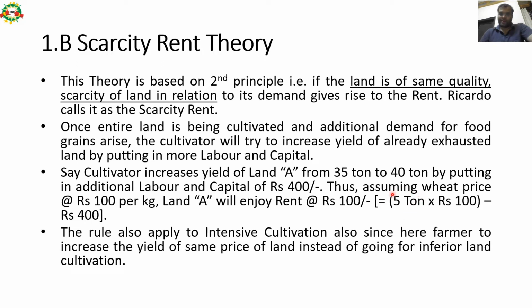So this is the extra yield the cultivator can produce out of the land, multiplied by the rate of wheat grain in the market, minus the total additional capital, labor or effort the cultivator is required to put in to increase the yield of the land. This is rupees 100. The rule also applies to intensive cultivation.